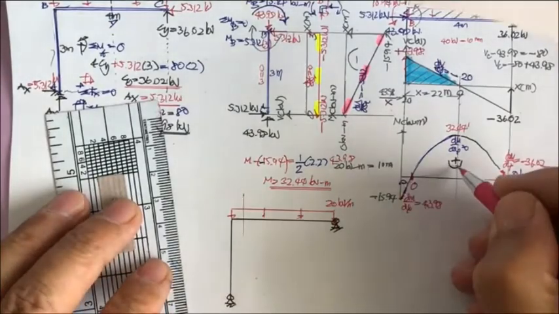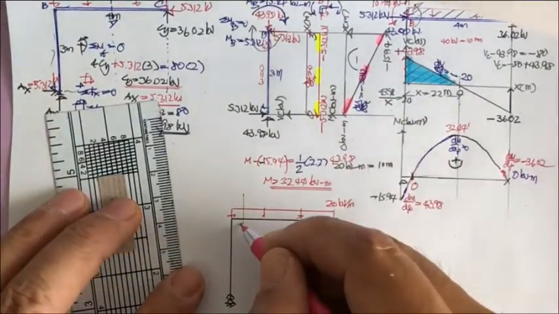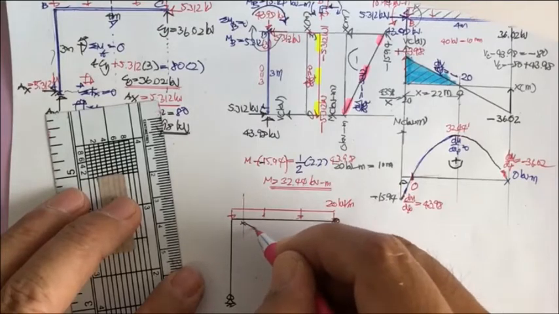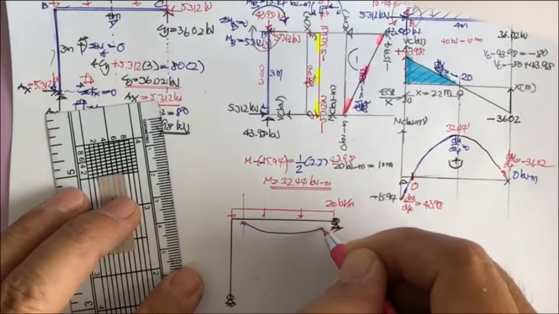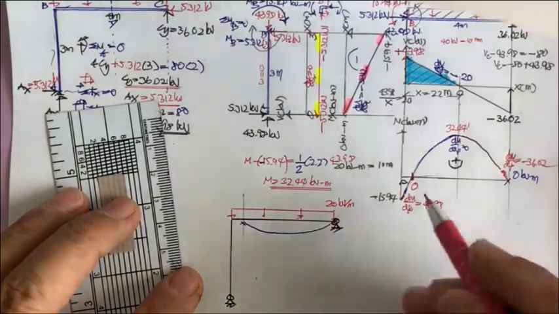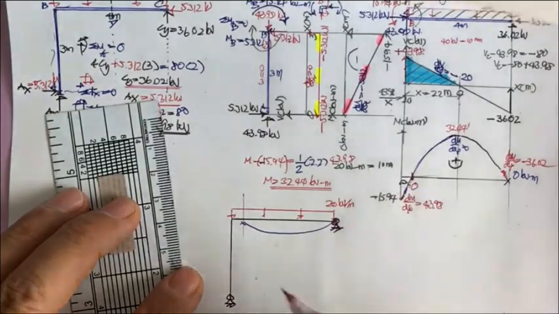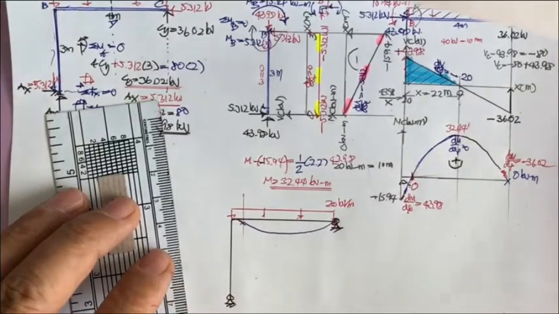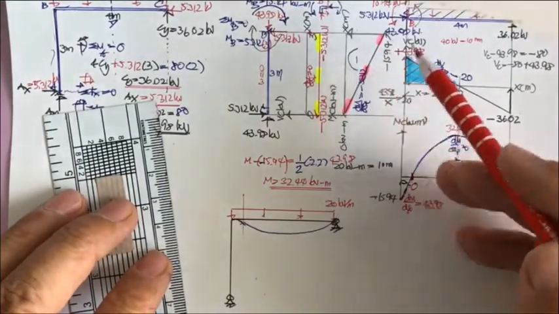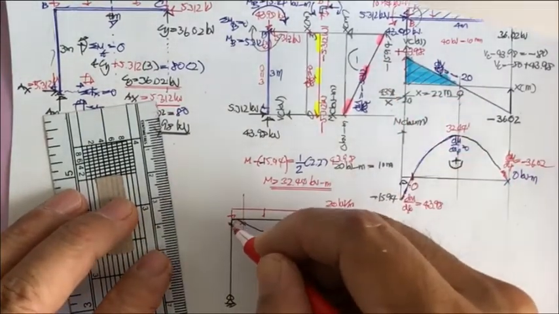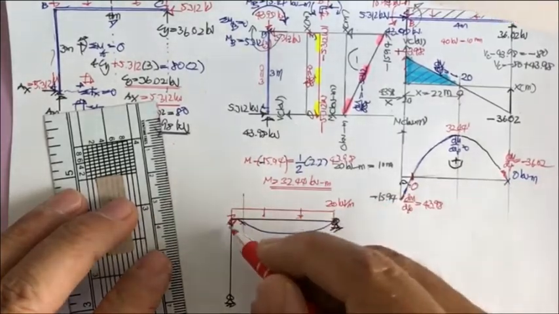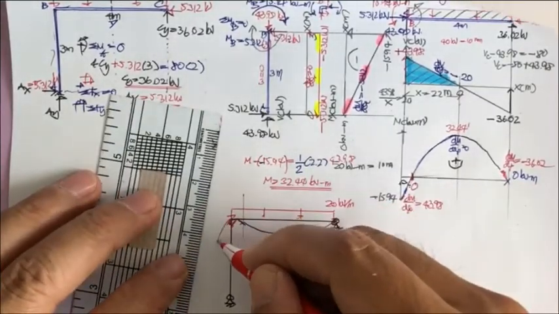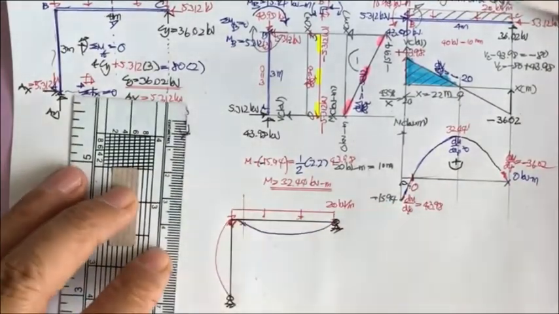So this is concave upward, like this, and this is concave downward. Okay, and this is what? This is going to be taking care of the right angle, and this one is going to rotate this way.